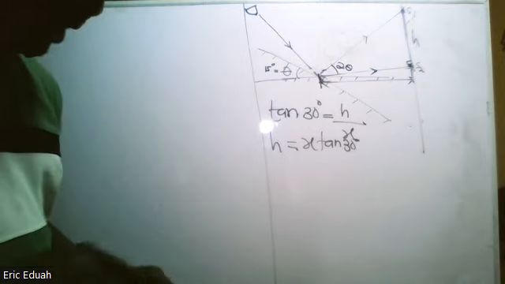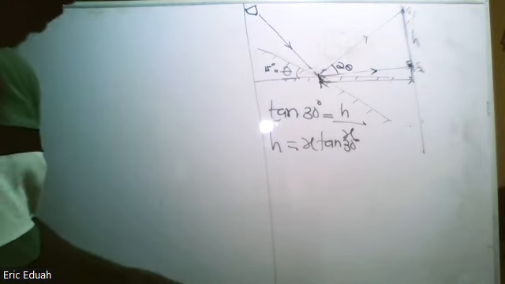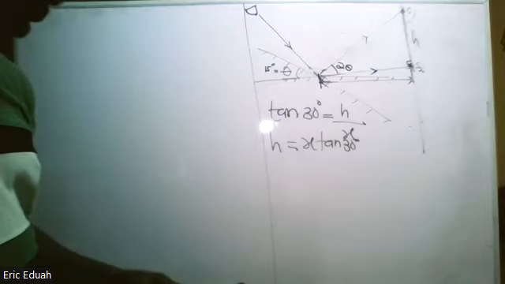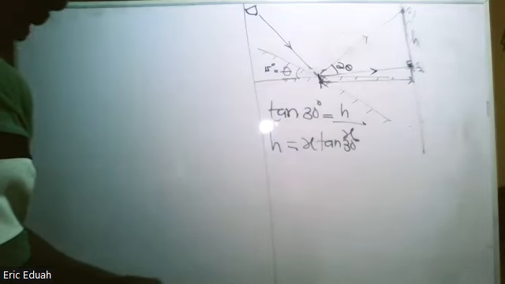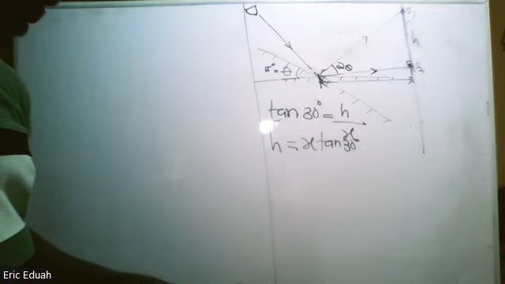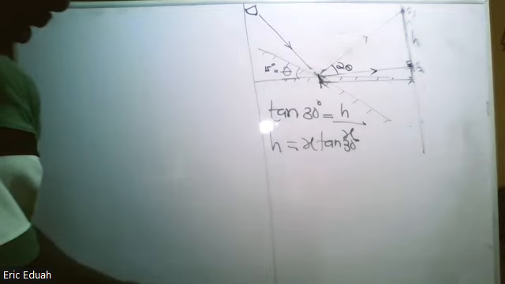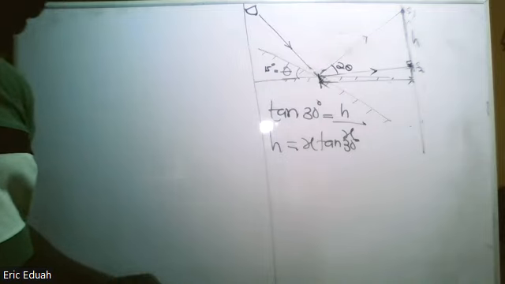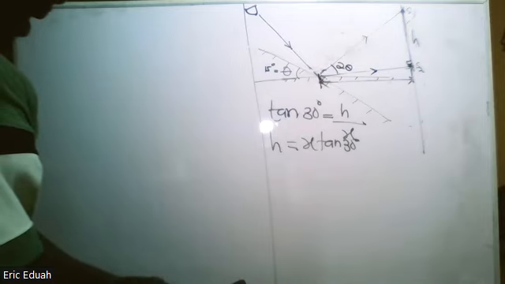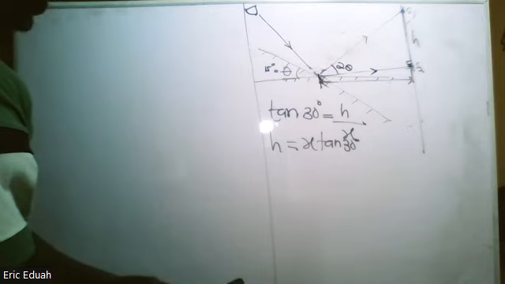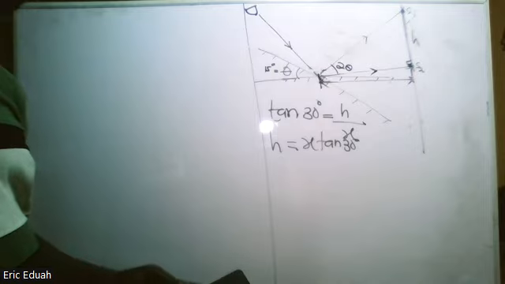A ray of light is reflected from a mirror onto a screen, and a spot is created on the screen. The mirror is rotated through an angle of 13 degrees, and the spot moves up to a new position.